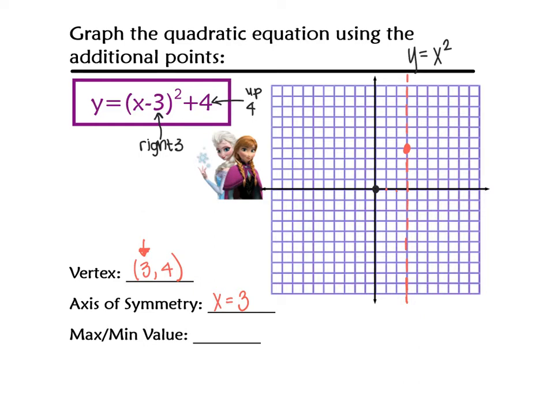Step 3 was to find a point to the right of the axis of symmetry. The next point here is x equals 4. If I want to find the y value that goes with that, I'm going to use my equation up here and plug in x equals 4.